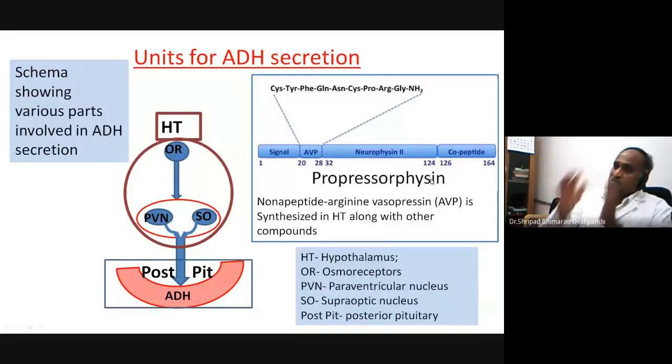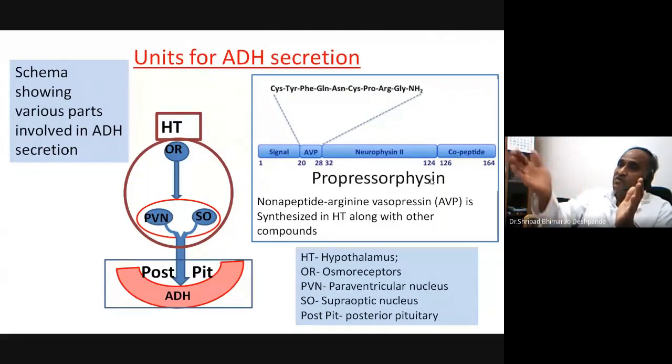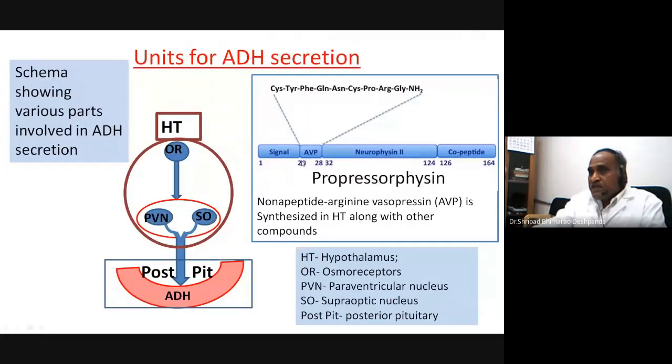That means there is a total large molecular weight compound of more than 164 amino acids. Between 20 and 28 form the AVP.